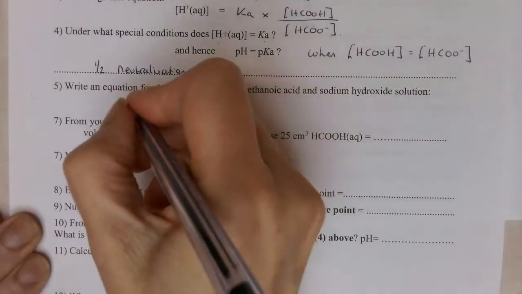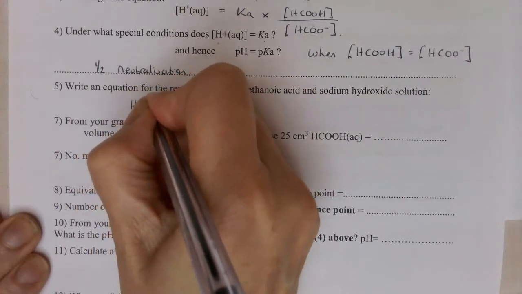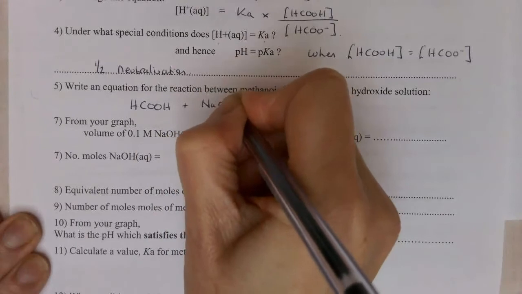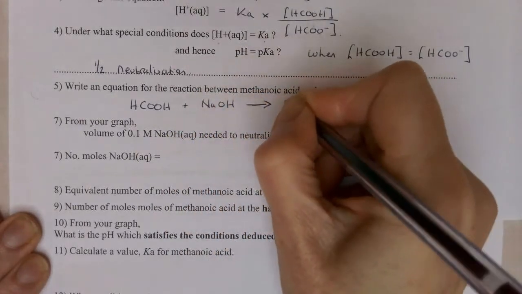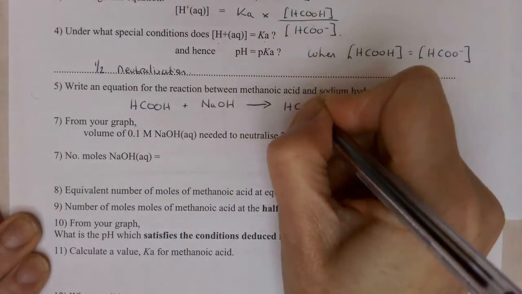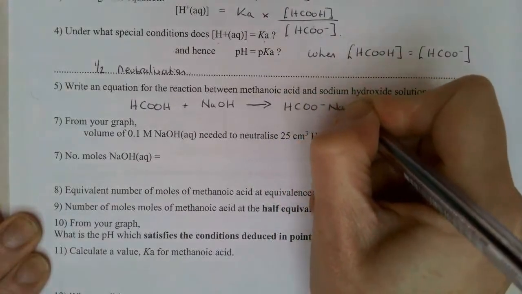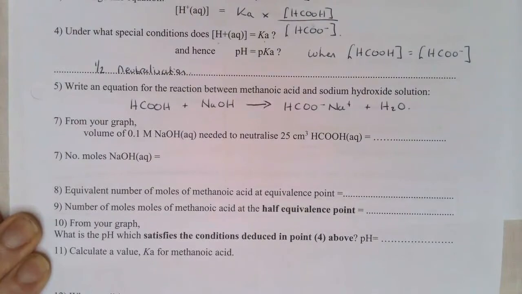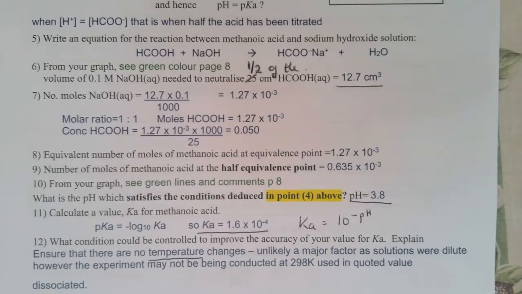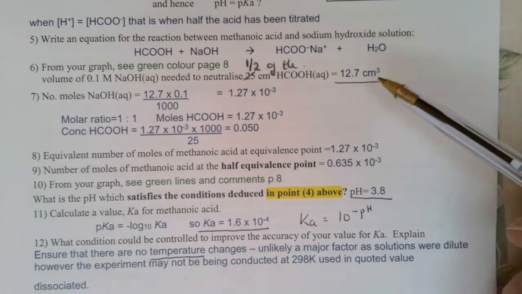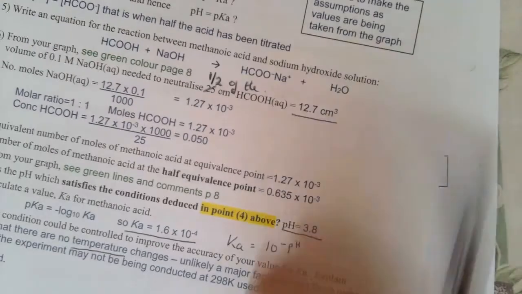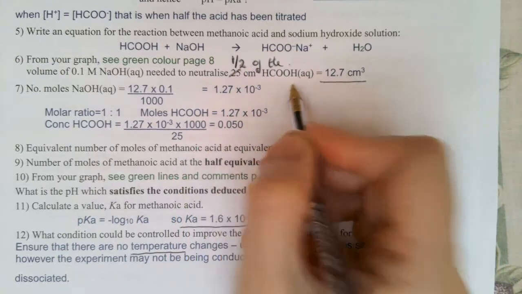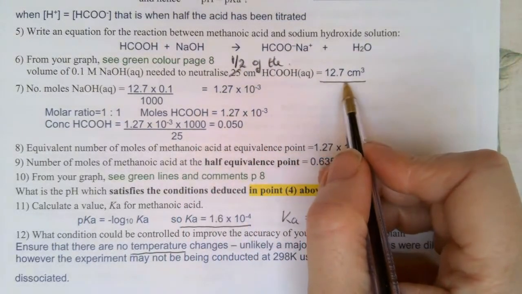So if we have a look at our reaction between methanoic acid and sodium hydroxide, we can use our graph, or the graph you've plotted, to work out the half equivalence point. From the graph I've plotted, we can see that the volume of sodium hydroxide needed to neutralize half of the acid is 12.7 centimeters cubed.